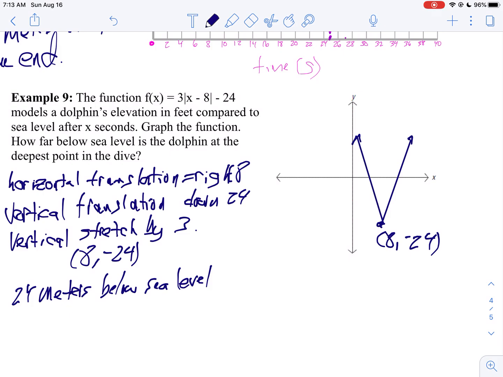So what does that mean? It means when I'm over 1, I'm going to go up 3. So this point will be 9 and negative 21, or 7 and negative 21. So you get that factor in there. I didn't put numbers on the graph because they're so big, but we can see that right there.